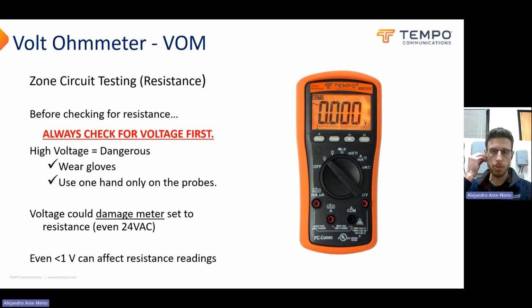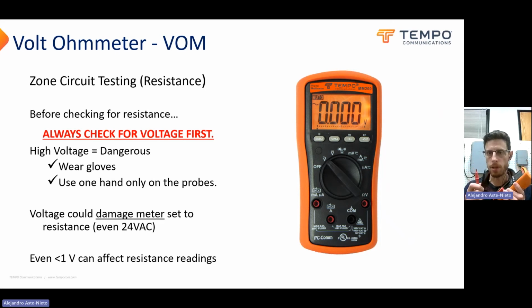So the other reason you want to check for voltage first is even if there's a little bit of voltage, it could affect your resistance readings, because these are using small amounts of voltage coming out from one of these probes, putting positive here and negative here and trying to push a little bit of current through whatever these are touching.